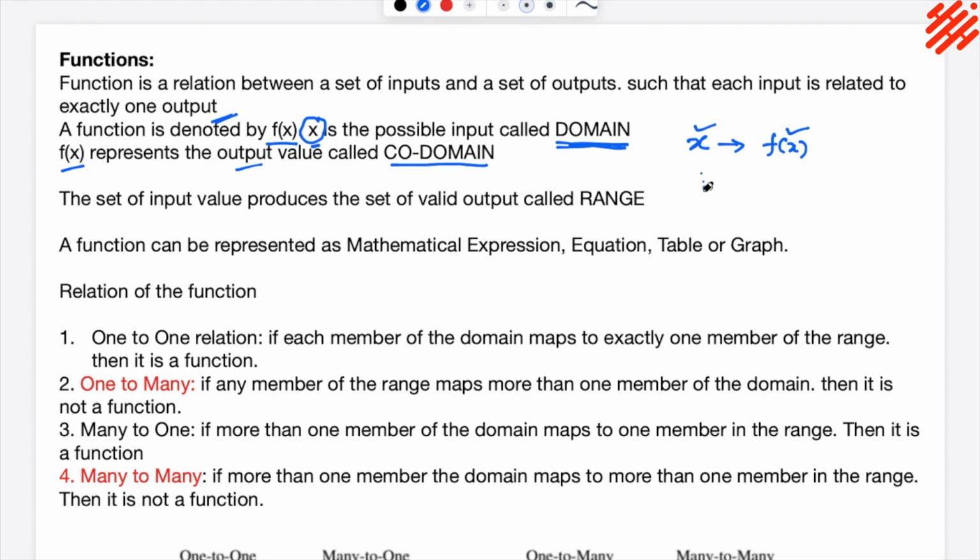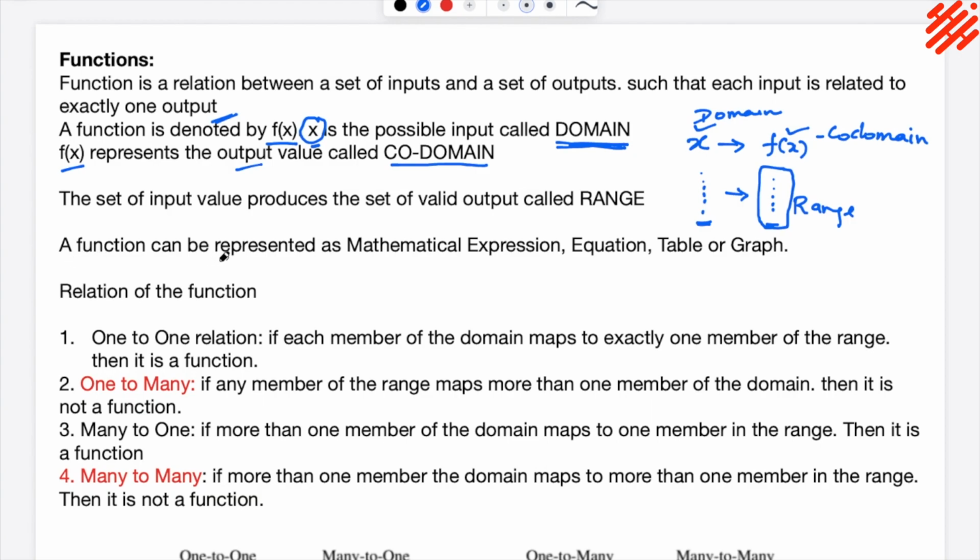If multiple values of x produce multiple outputs, these multiple outputs are called the range, and a single output is called a codomain, and a single input is called a domain.